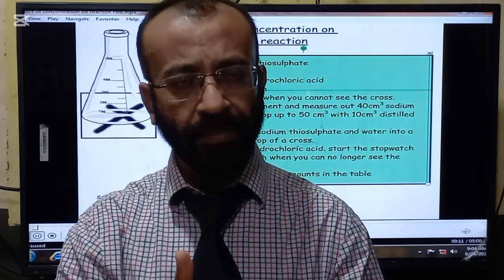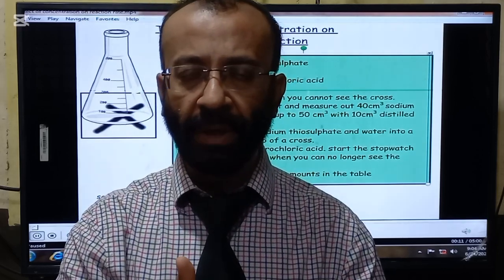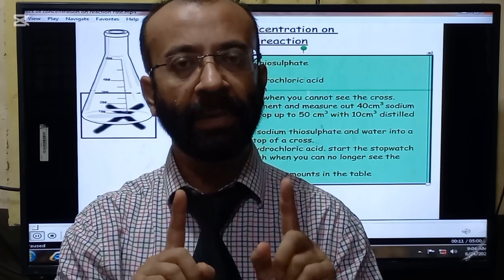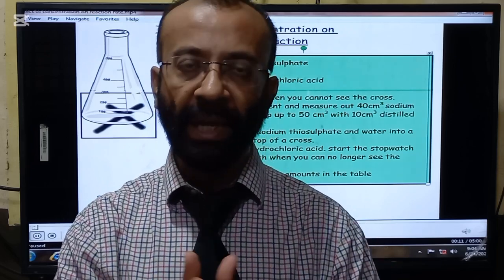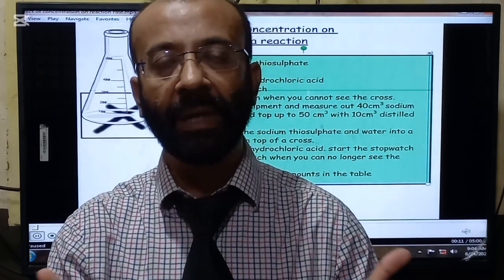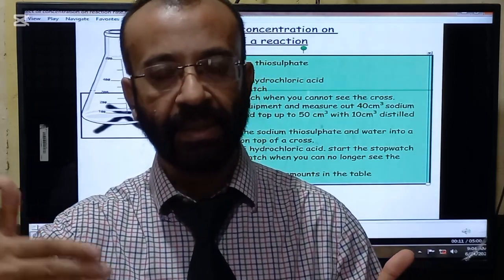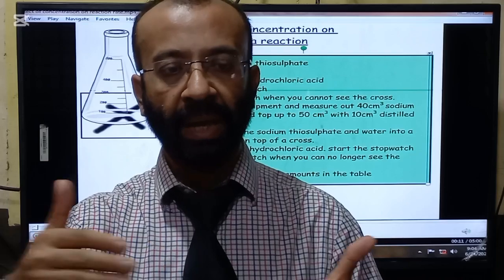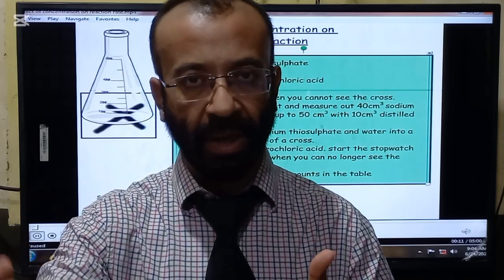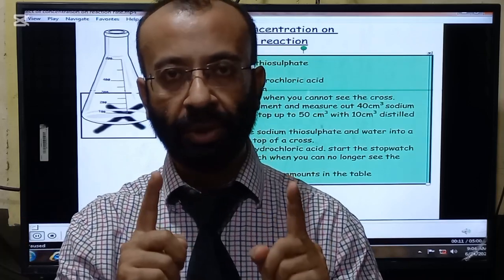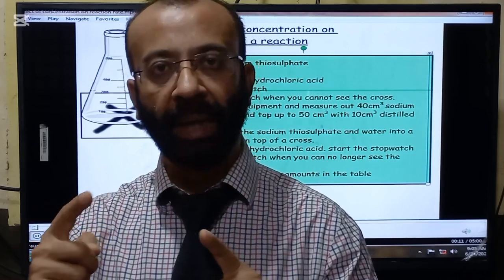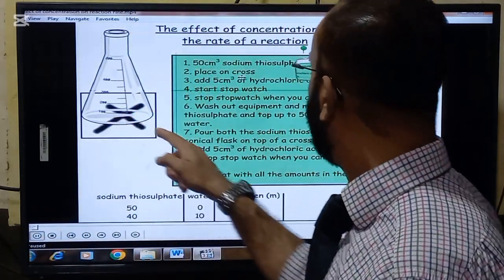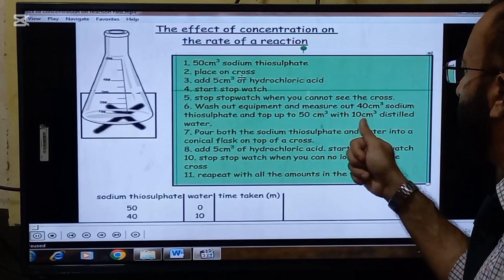Now 40 centimeter cube of sodium thiosulfate is used, so there will be fewer reactant particles and less chance of collision compared to the previous experiment. So this experiment will take longer before the cross can no longer be seen.